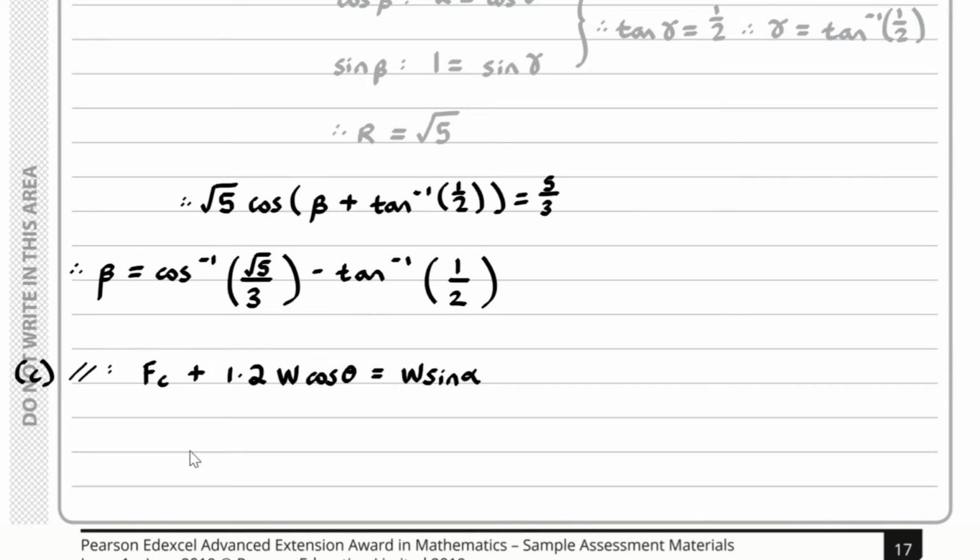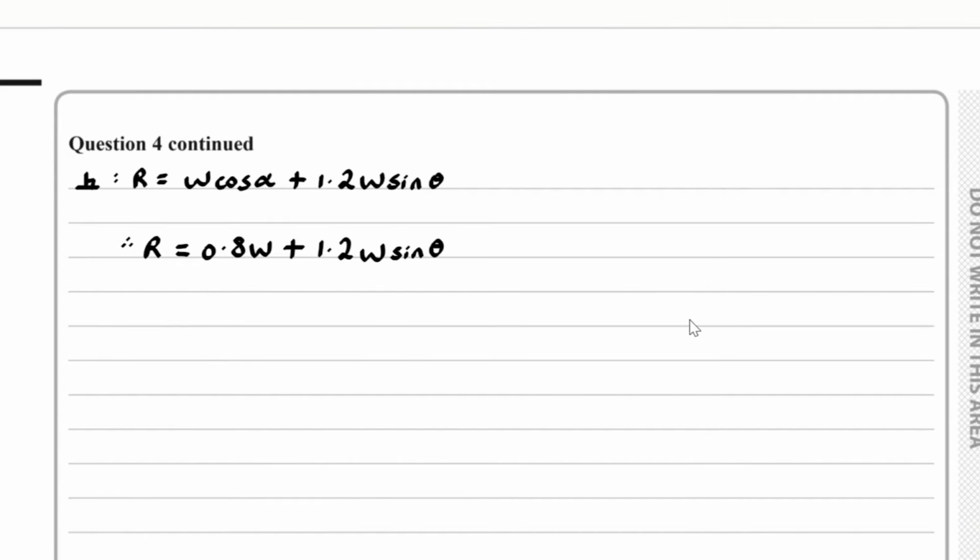And we know what sine alpha is, that's 0.6. And so therefore, Fc is equal to 0.6 W minus 1.2 W cos theta. And exactly the same thing as we did in part B, we can find out what the reaction force R is. We've got 0.8 W plus 1.2 W sine theta.